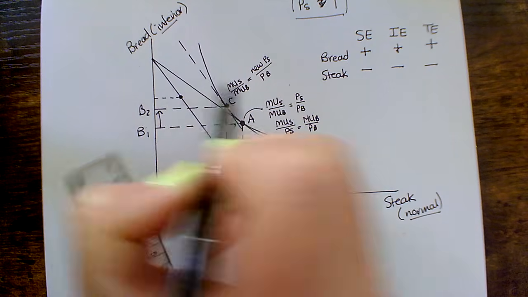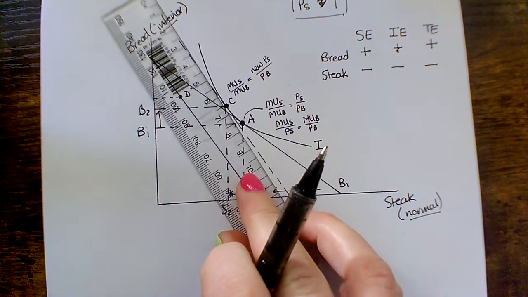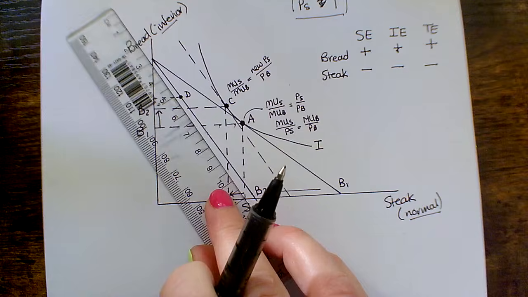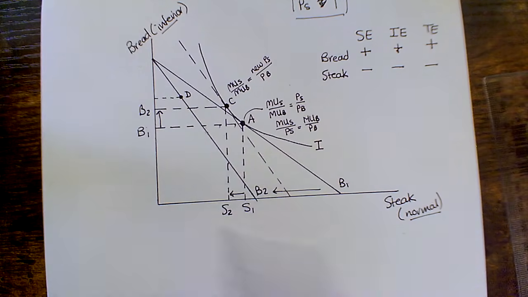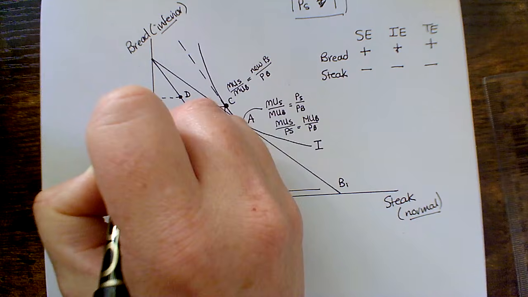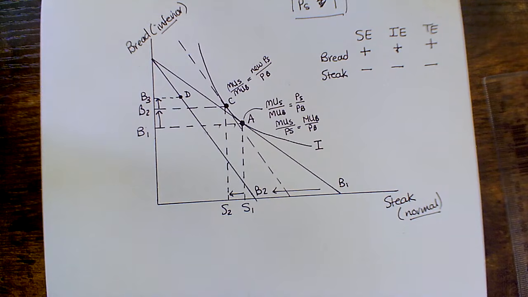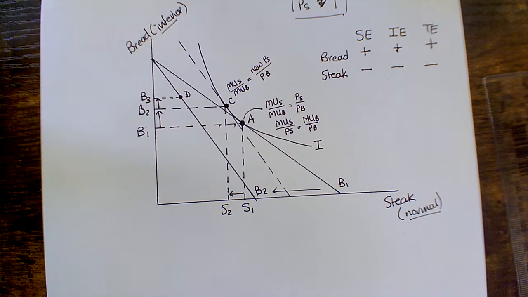So if the movement from C to D is my income effect, that's like me facing this lower real purchasing power. It's like I'm losing income. Then this movement from C to D is now positive, which completely confirms what we believe to be true using the theory of an inferior good in response to purchasing power.